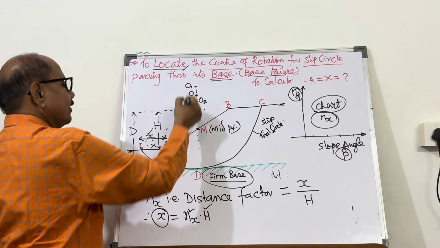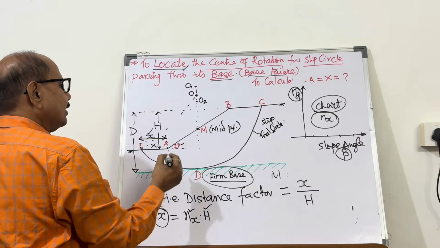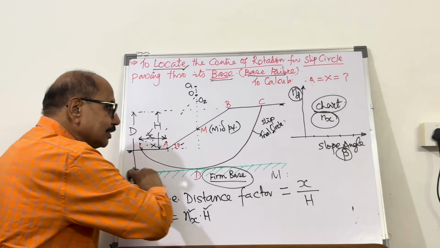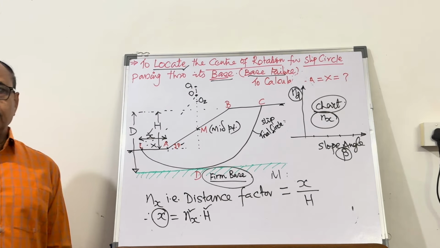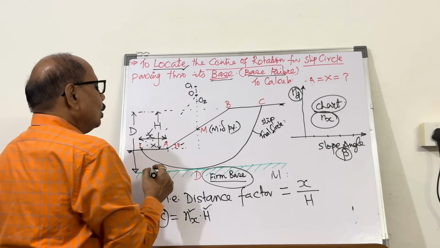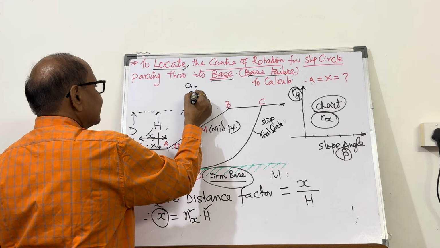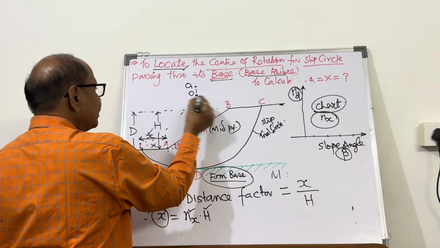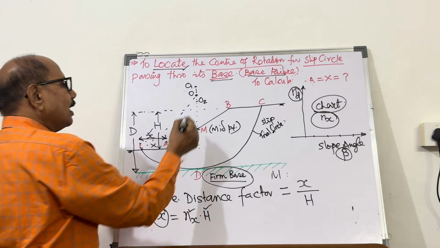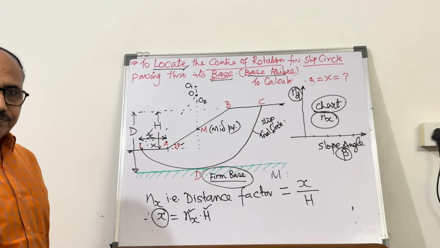You can move it on this vertical line passing through M midpoint, such that this trial slip circle is going to be tangent to the firm base. And then once you know this, you can locate the center of rotation. Once the center of rotation is located, you can draw the slip circle, and then the whole analysis can proceed.